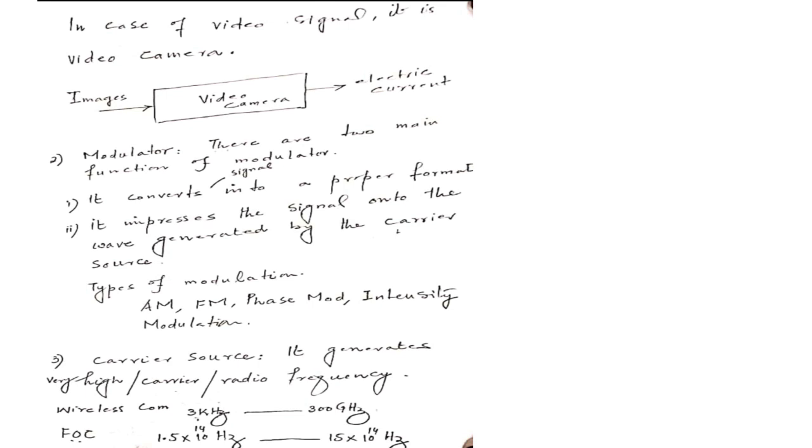And we have studied a number of oscillators in the course of electronics. We studied Hartley oscillator, Colpitts oscillator, crystal oscillator, and so on. And we know that this carrier source generates a very high frequency carrier. It generates a very high frequency wave.